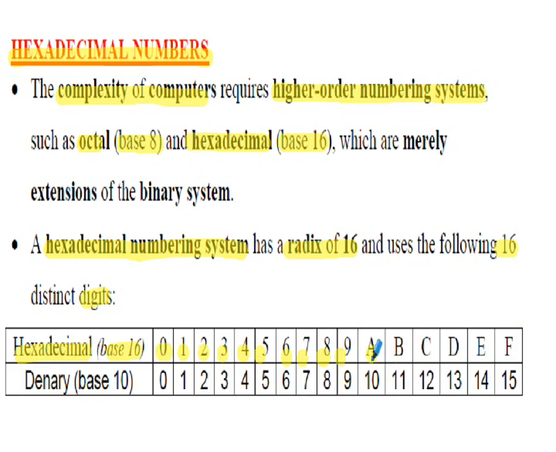But then we have A in hexadecimal equates to 10 in denary, B in hex is 11 in denary, C is 12, D is 13, E is 14, and F is 15. So that's the range of our hexadecimal numbering and its comparison with the denary system.